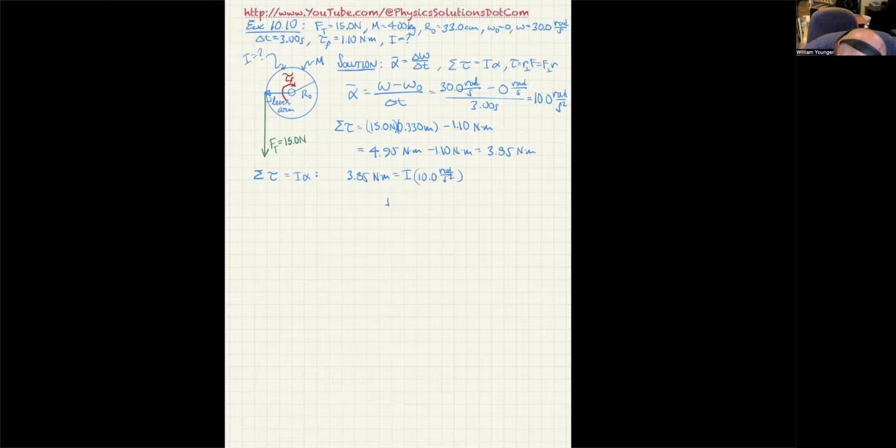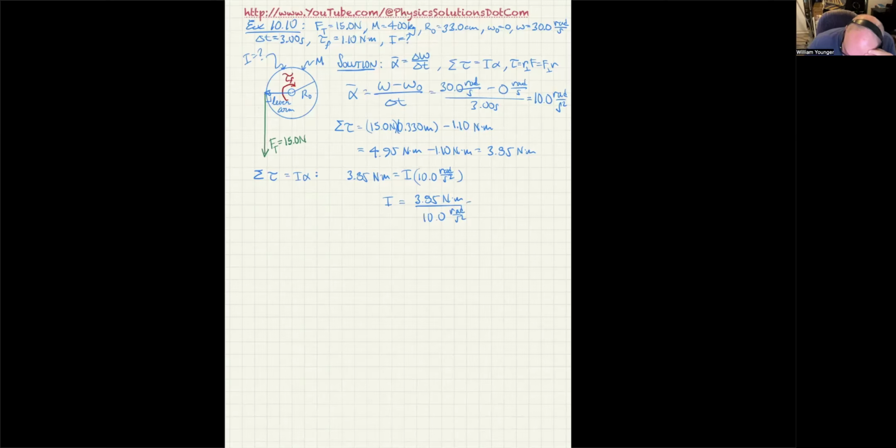So we can say that I, the moment of inertia, is equal to 3.85 Newton meters divided by 10.0 radians per second squared. Remember, a radian is a pure number, really, so you don't really have anything to cancel out to erase it. You can just drop it at any point, and you can also, of course, add it at any point.